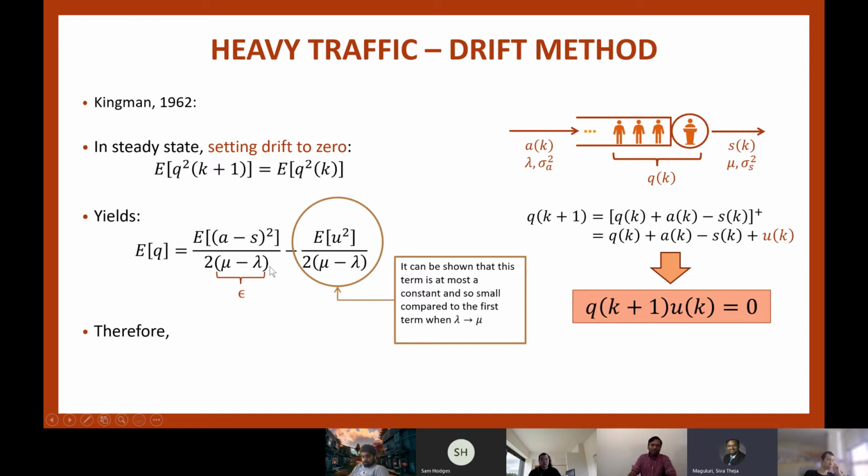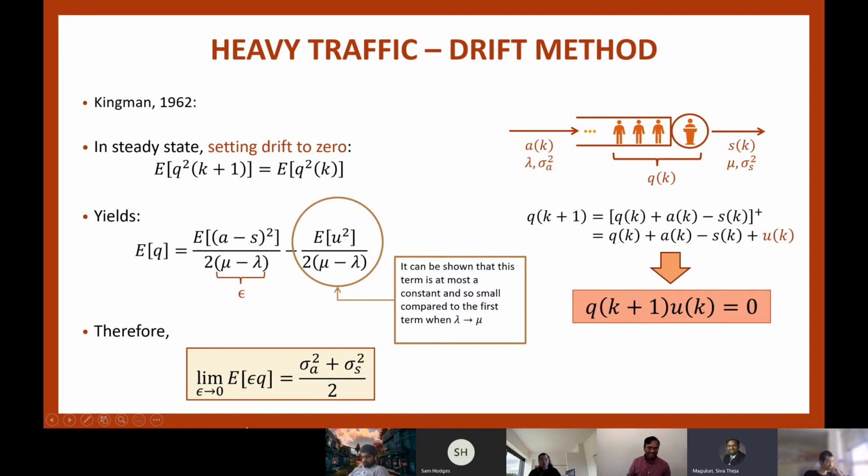So I want to understand what happens to the Q length in the heavy traffic limit, but it blows up as 1 over epsilon. So we multiply by epsilon on both sides, then take the limit. The second term vanishes, and all we have is the first term, the 2 in the denominator. And here I have the second moment. Second moment can be written as variance plus mean square, but the mean will be order epsilon square, so it gets killed.